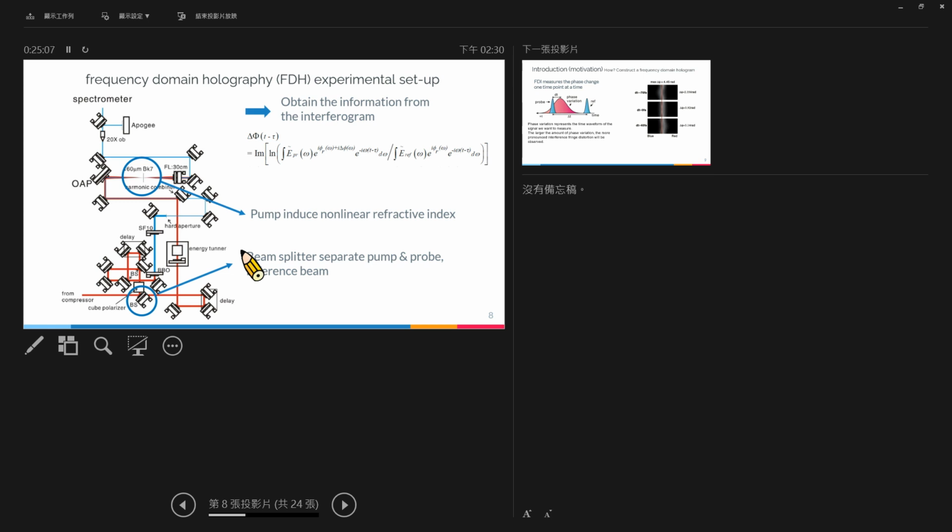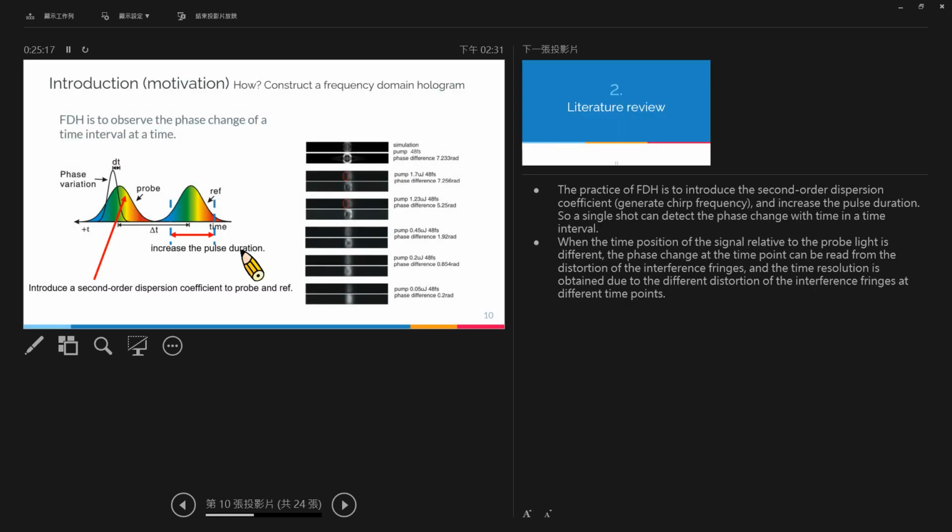We have to see how long my pump's pulse duration will be, because I need to have this delta t, and the reference and probe can't contaminate each other. They can't overlap, so they need to be separated.